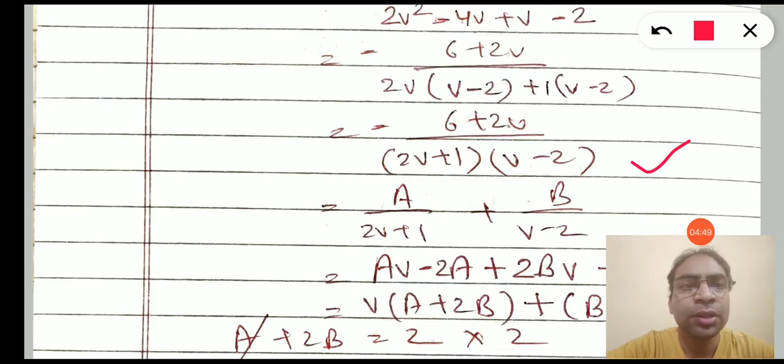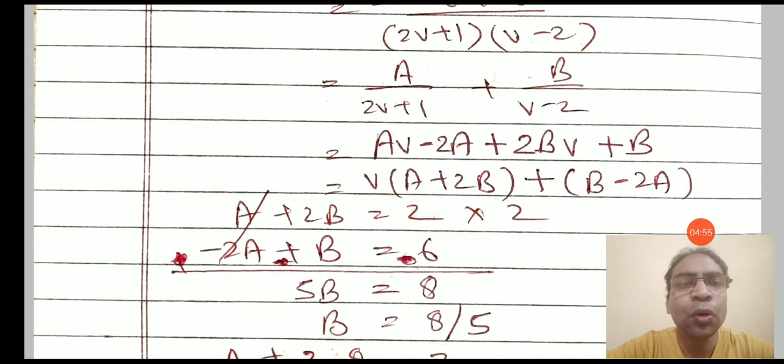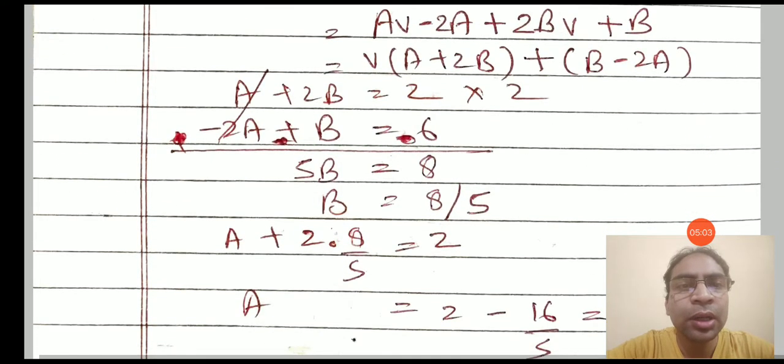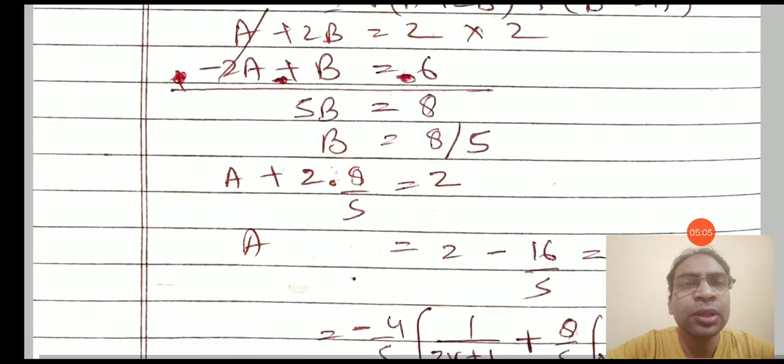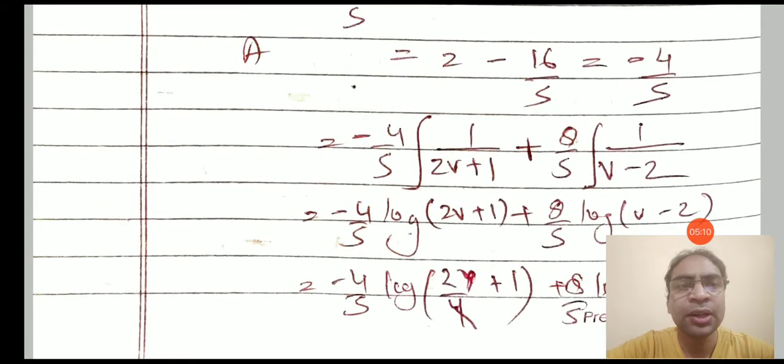Then we will take variables a and b and compare the coefficients of the right hand side and the left hand side. So this is the value of a and b. You can see the solution, we have solved it. If you want to know how this partial fraction is done, please comment and let me know, and I'll explain it in some other video.